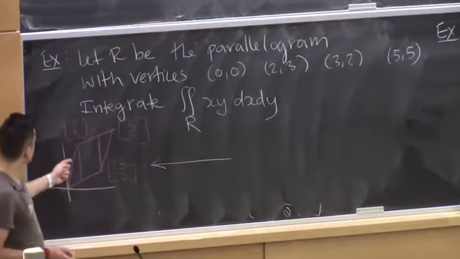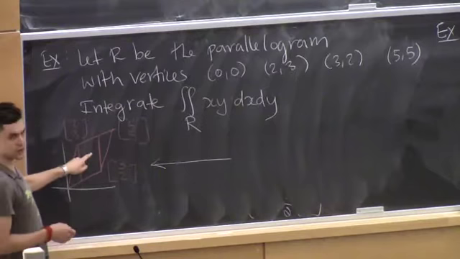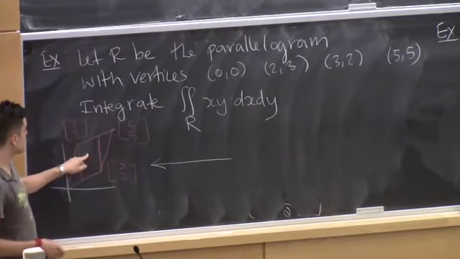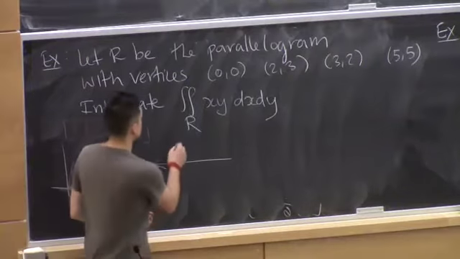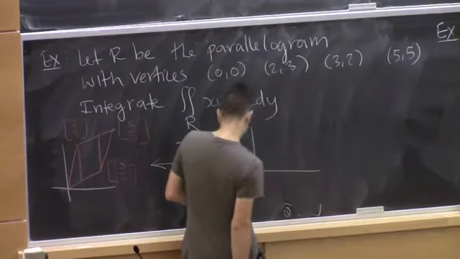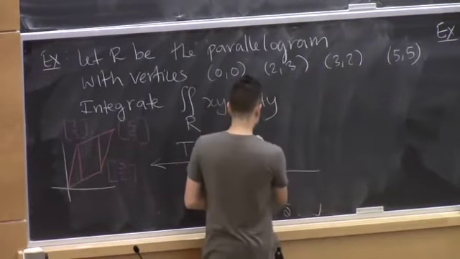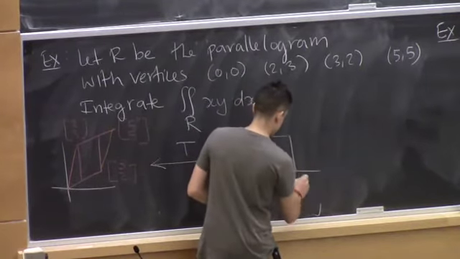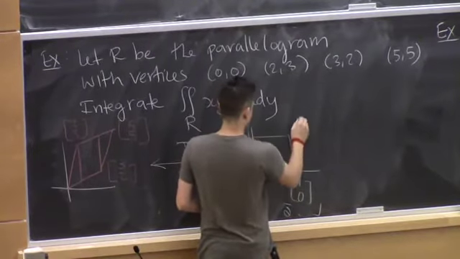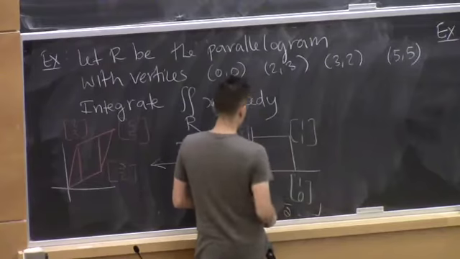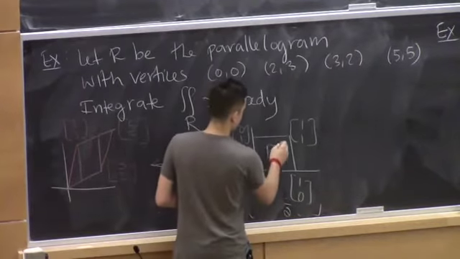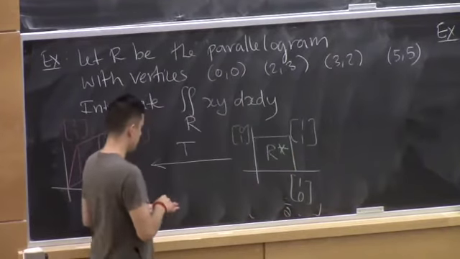So we're going to realize this parallelogram as the image of the unit square under a transformation. Okay, so we're going to think of this as being R star.